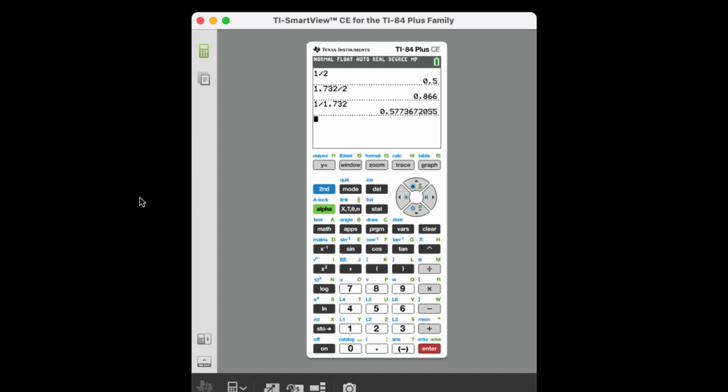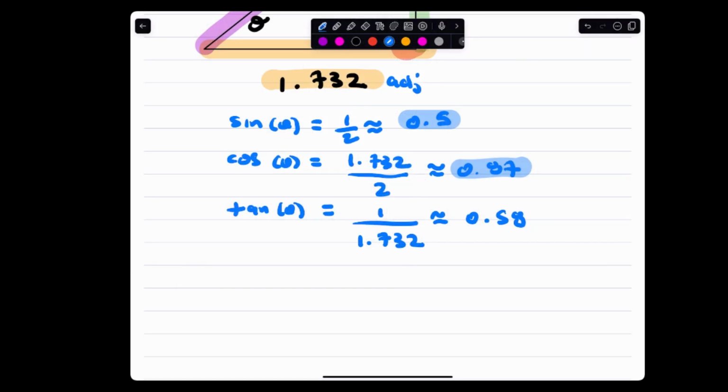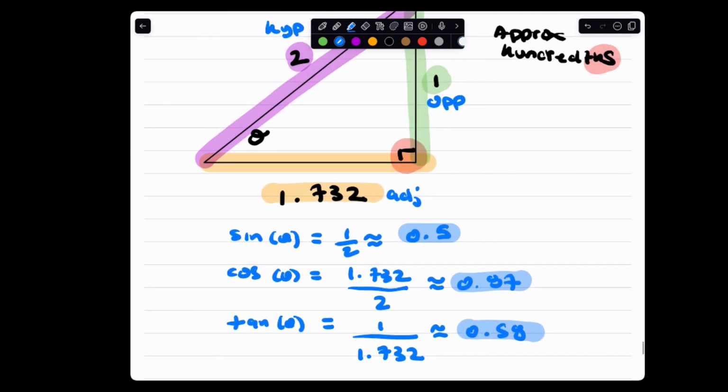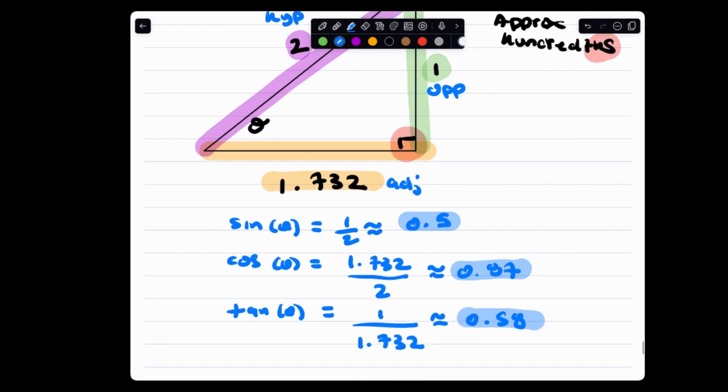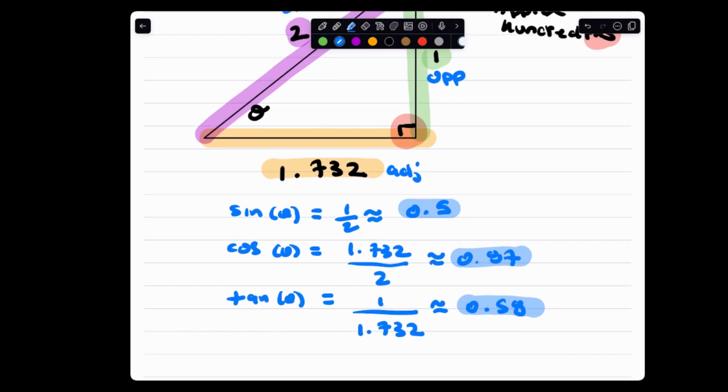And what does that give you? To the nearest hundredths, 0.58. You guys work on that approximation this weekend, hopefully. So ladies and gentlemen, you're giving the numerical answers as well when you have decimals for your right triangle.